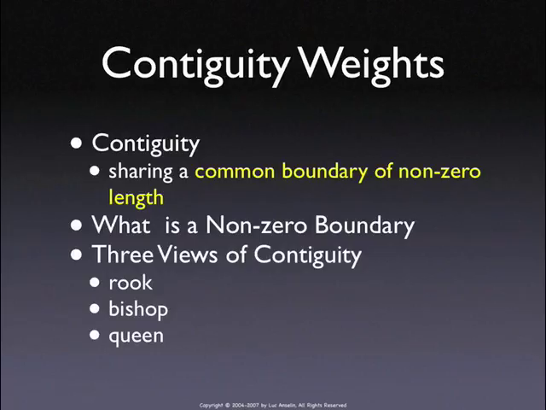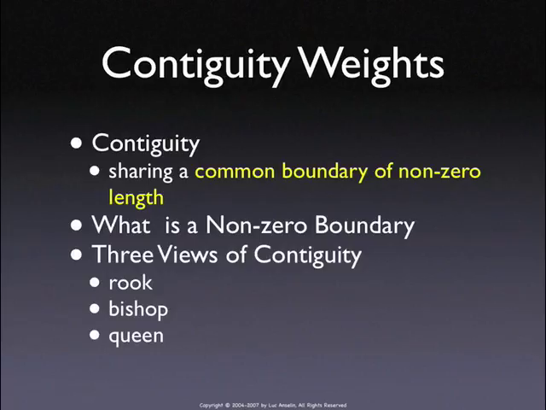Common corners. Is that a non-zero boundary or is that a zero boundary? So given all this confusion, there are three specific concepts that we can use to formalize contiguity. And they come out of similarity with the chess game. So they're called rook, bishop, and queen contiguity.